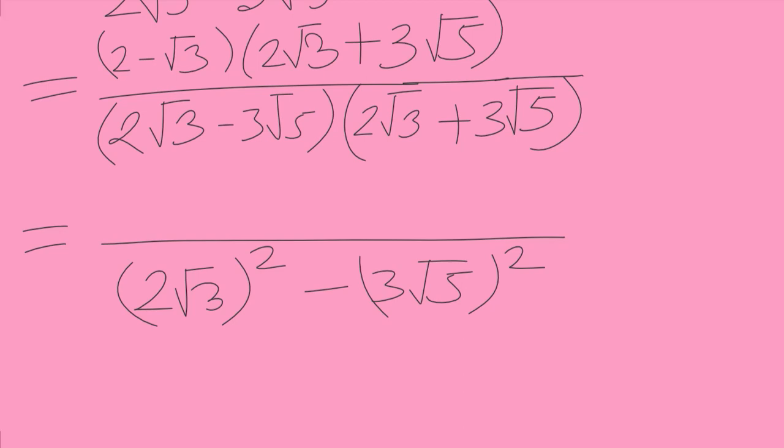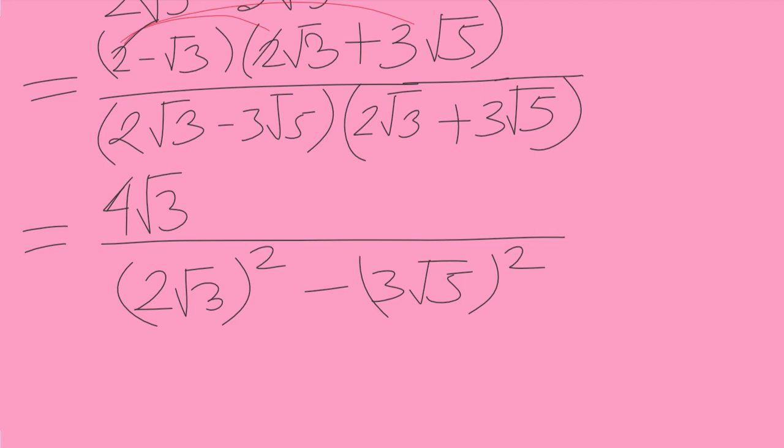So on the numerator you can see that we need to multiply 2 with 2 root 3 and 2 with 3 root 5 at the first place. So 2 into 2 root 3 is 4 root 3, right? First we multiply the rational terms and then the irrational terms. So 2 into 2 is 4, and then the irrational term is root 3.